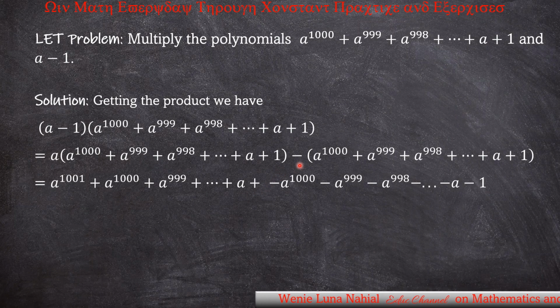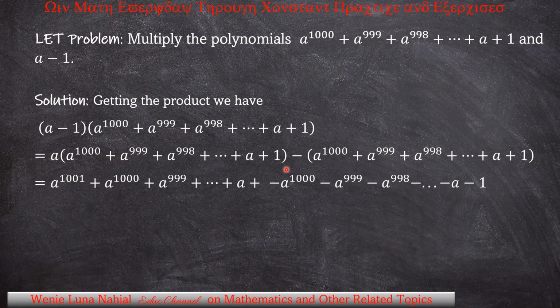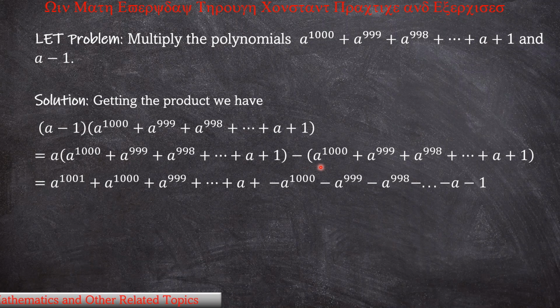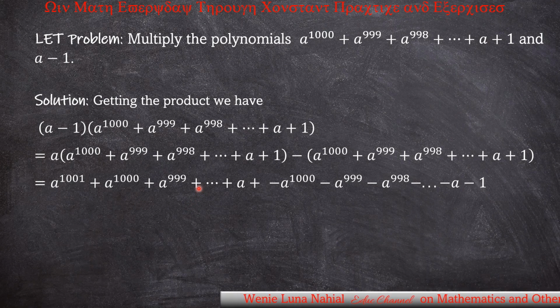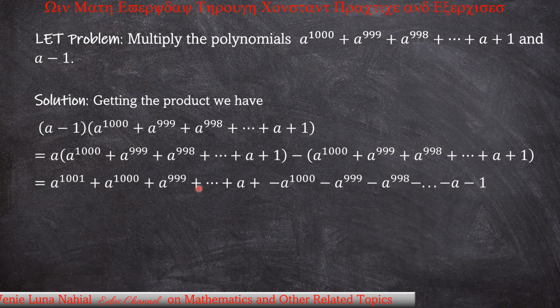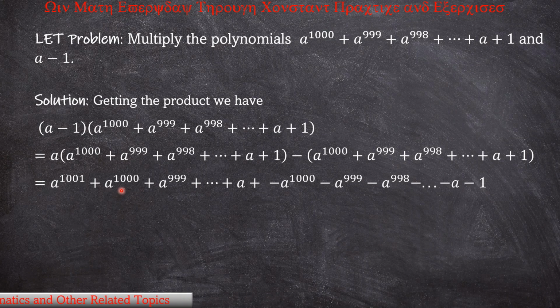Next, this negative 1 is distributed to this quantity. So negative 1 times a raised to 1000 is negative a raised to 1000, and so on up to negative 1 times positive 1, that is negative 1. Now we can see that there are terms that can be stricken out. For example, positive a raised to 1000 and negative a raised to 1000 can be stricken out.